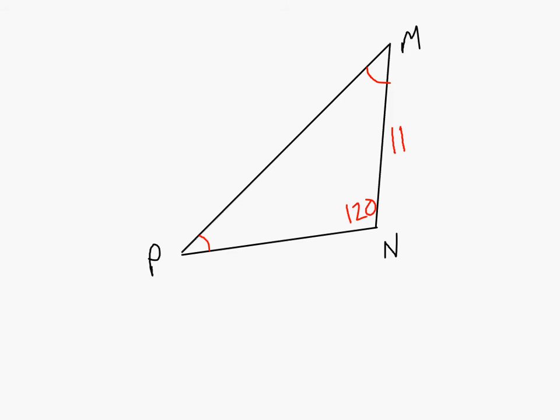You're asked to find the measure of angle M, and to find PN. If angle P is congruent to angle M, what do you know about the two sides? MN is congruent to PN. So what's the length of PN? 11, good.